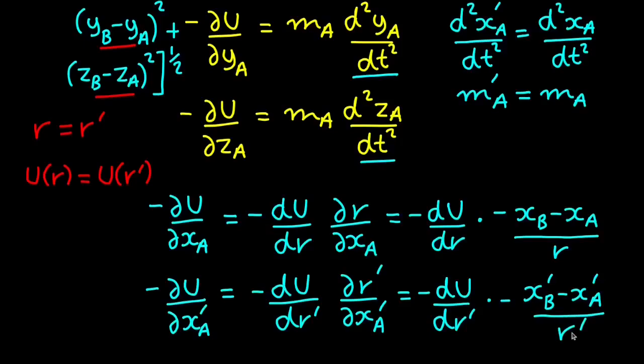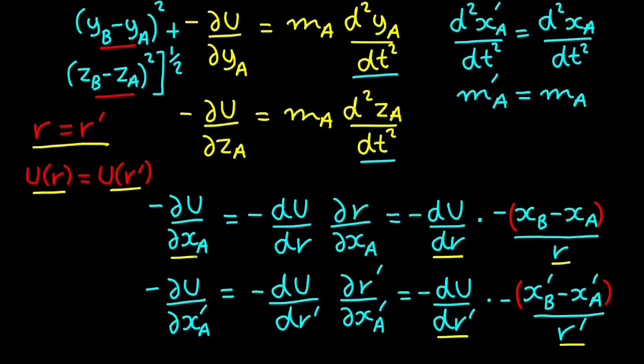So as we mentioned, length is absolute, so both observers measure the same length, and therefore the distance between the two particles is absolute, so these two are the same, and the potential energy functions were identical, so differentiating the potential energy function with respect to r and r prime gives the same result. So therefore these derivatives in the unprimed and primed frame are identical.